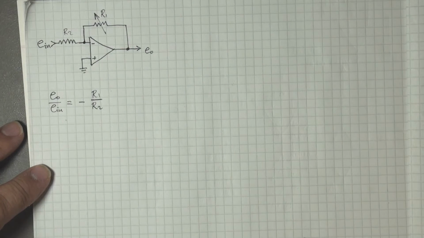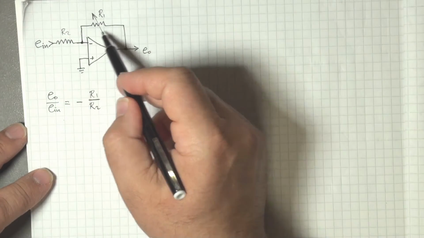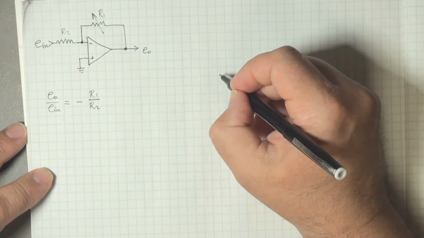Well, let's just redraw this circuit with something else in the feedback loop of the op amp. So I will draw it here again.